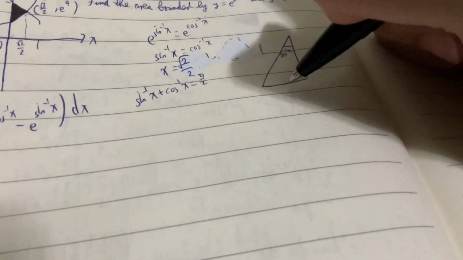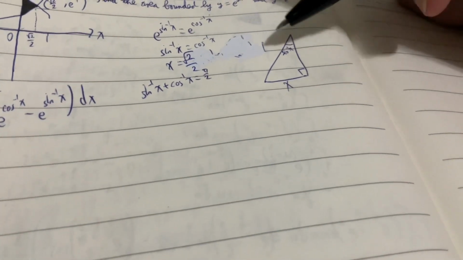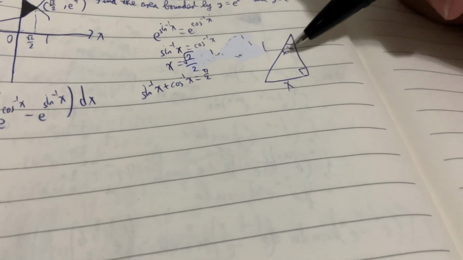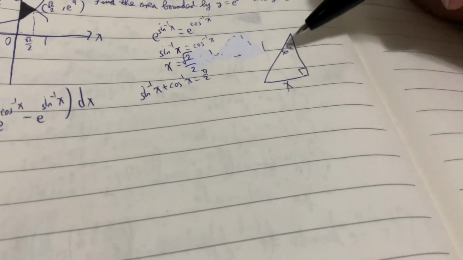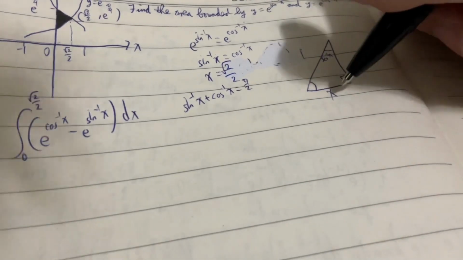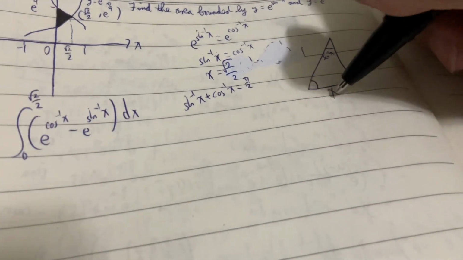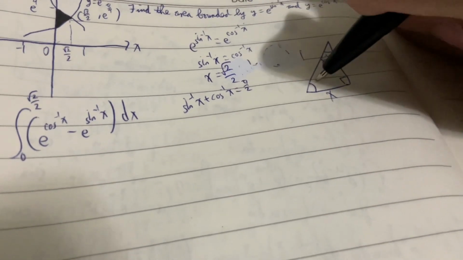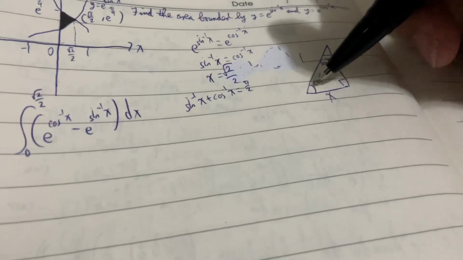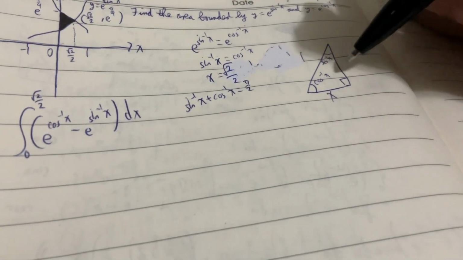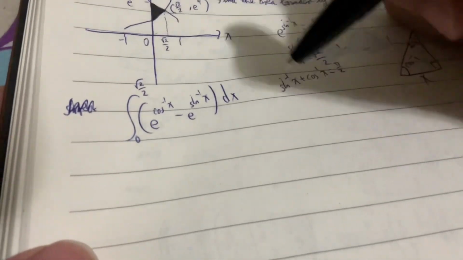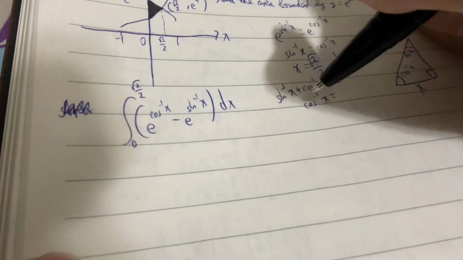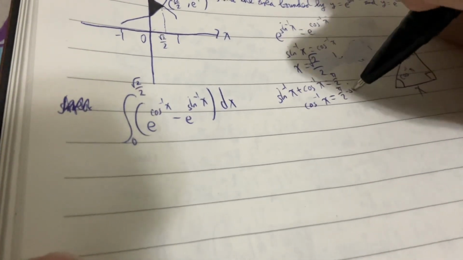Sine theta is opposite over hypotenuse, so x over 1. The other angle is adjacent over hypotenuse, which is inverse cosine x, and they add up to 90 degrees, but in calculus this is pi over 2. So inverse cosine x is equal to pi over 2 minus inverse sine x.